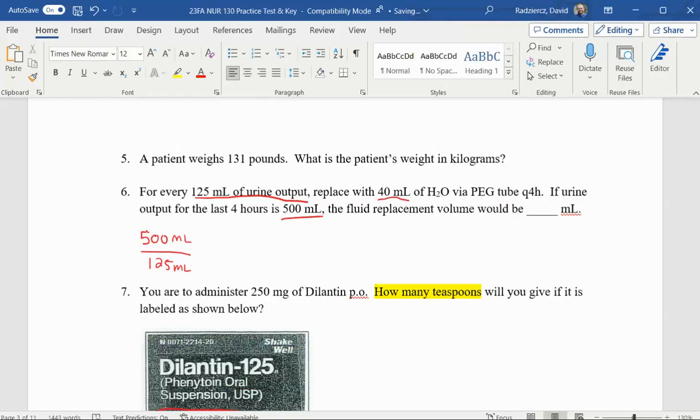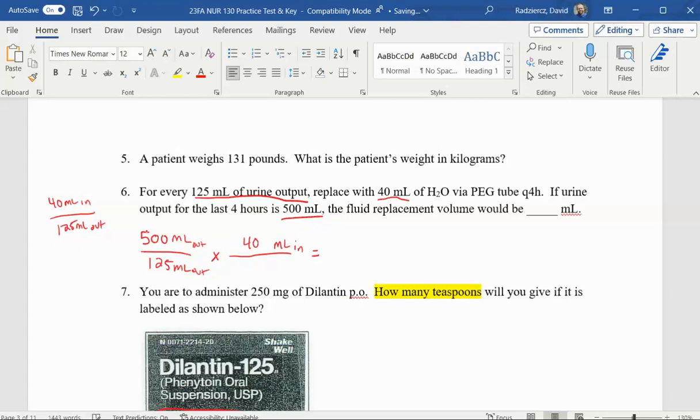And just so I think this will also help you out, it helps me out too. We can say this is the milliliters out. Then I'm going to multiply by my milliliters in, that's the 40. So if we're going to do this true dimensional analysis, I'm looking at this as 40 mil in for every 125 mil out.